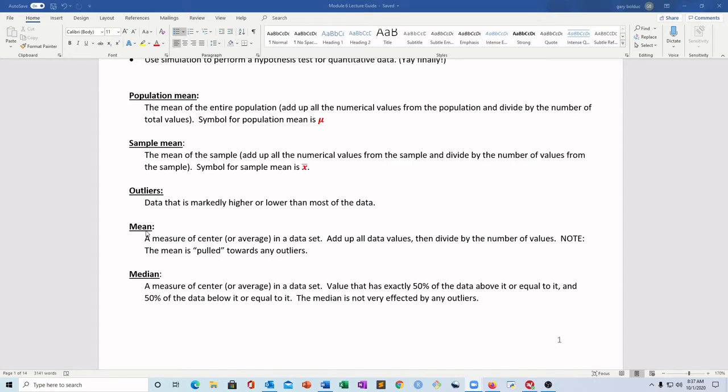Okay, so we've got two measures of center here. Again, the mean, you've seen, it's just the average: add up all the values, divide by the total number. And then now we've got the median. We measure the center of our data set, but here's how we do it. We line up all of our pieces of data in a row, in order, smallest to biggest.